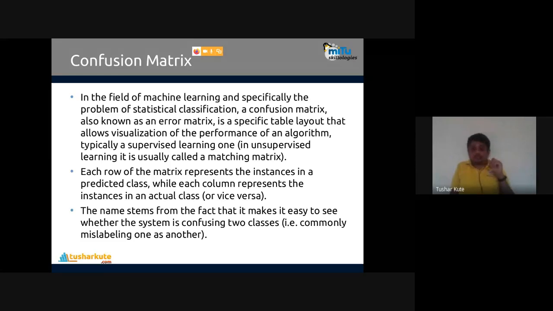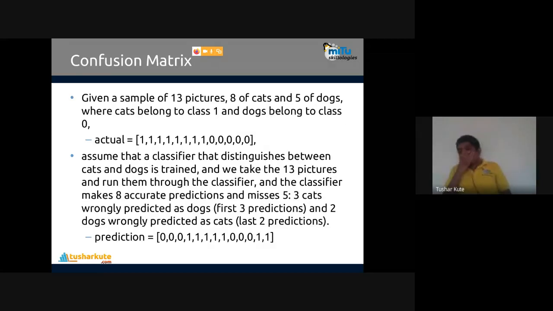Each row of the matrix represents the instances in a predicted class, while each column represents the instances in an actual class, or the inverse may be possible. Let's take an example.